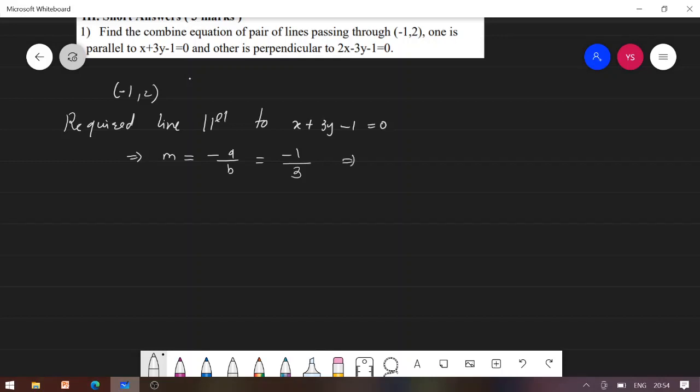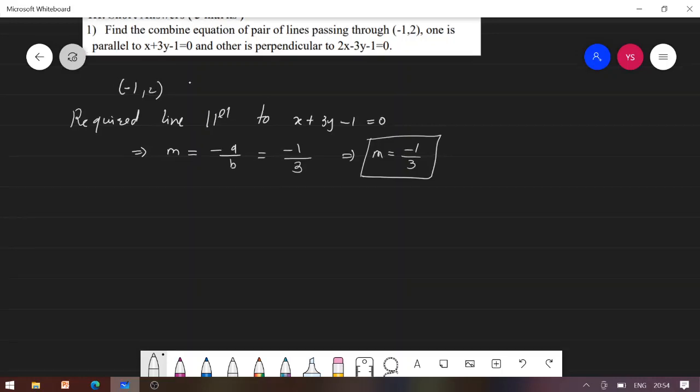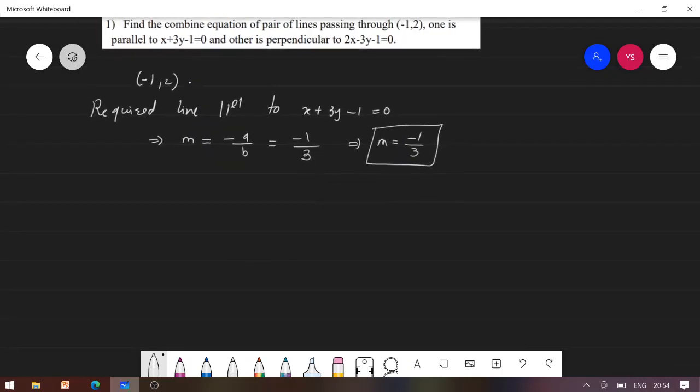So the required line has the same slope as minus 1 by 3, that is the slope of the line x + 3y - 1 = 0, because once lines are parallel, their slopes are equal.